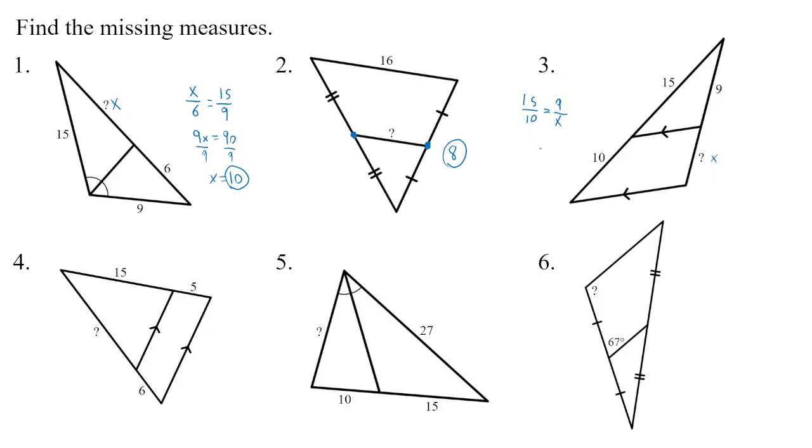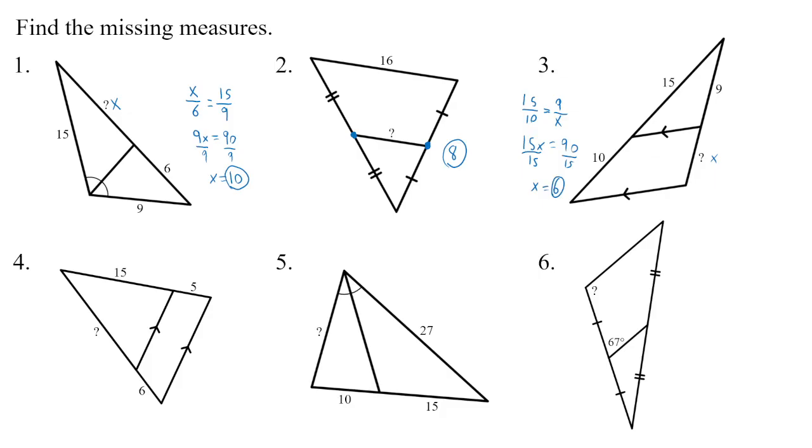So now we're going to cross multiply. This would be 15x equals 90. Divide both sides by 15, and you will get 6.